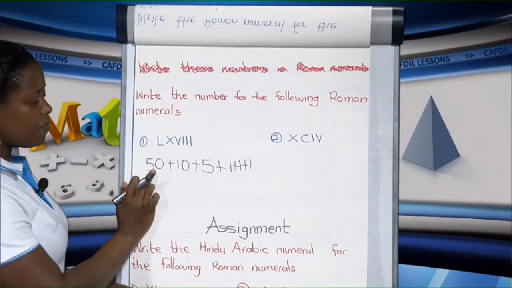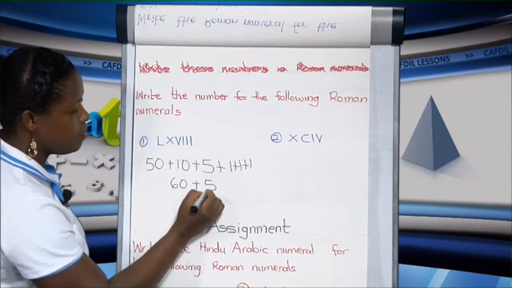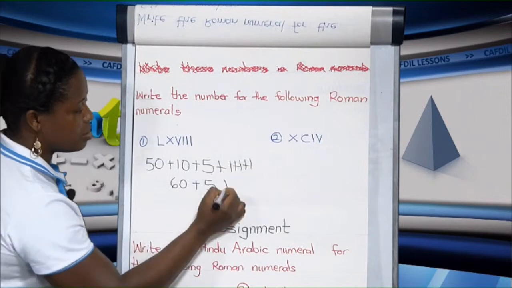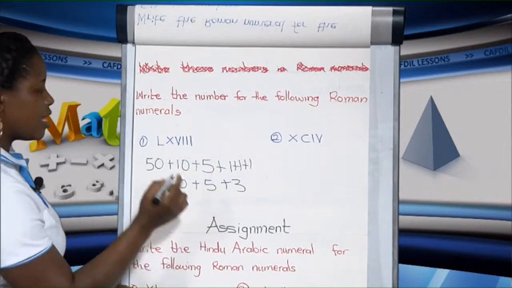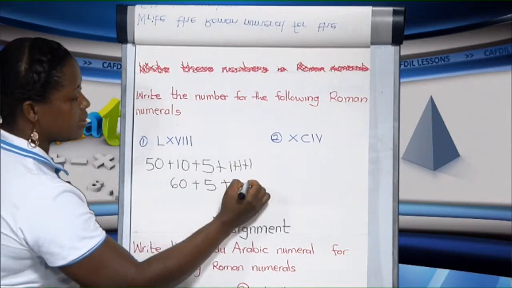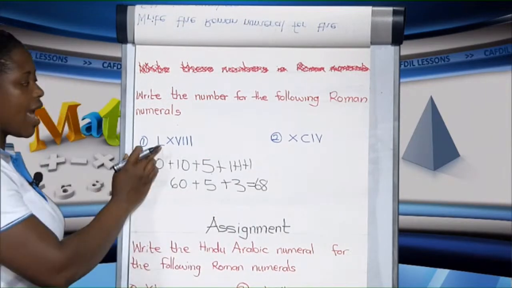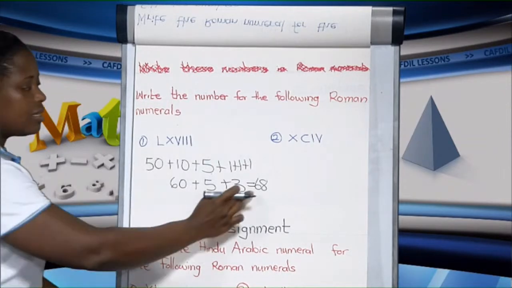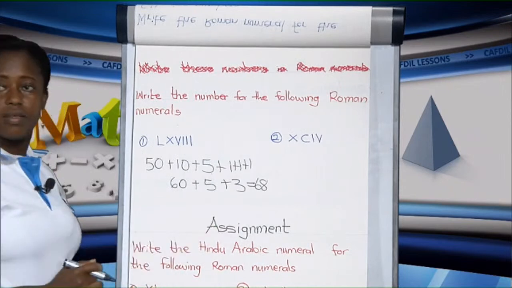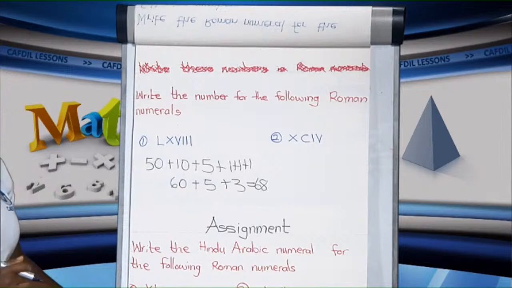So 50 plus 10 is 60, plus 5, 1 plus 1 plus 1 is 3. 60 plus 5 is 65, plus 3 will give us 68. So the Roman numeral LXVIII is 68.